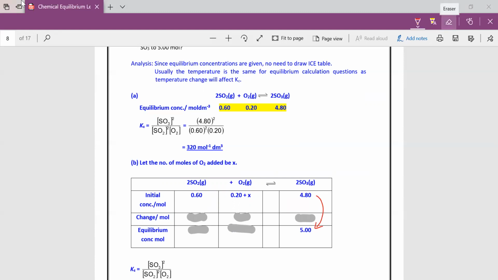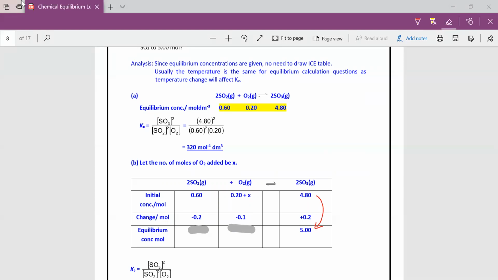So the change is very simple. We can see that the change here is positively 0.2. If the product has to increase by 0.2, the reactants all have to decrease by the corresponding stoichiometric amount.